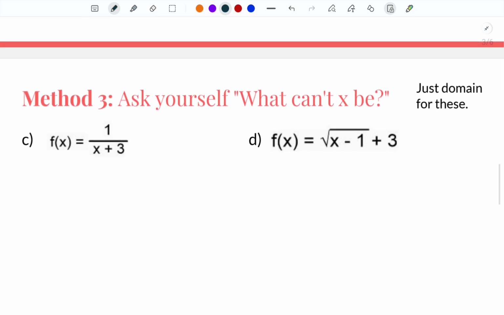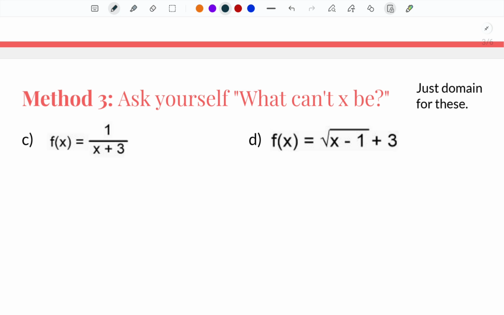What you can also do is, if you have a function, maybe it's something you're familiar with, maybe it's something you're not familiar with, just ask yourself kind of the reverse question for the domain, let's say, is what x value could you possibly not plug in? Because for the most part, if you have an equation, you could plug in any x.